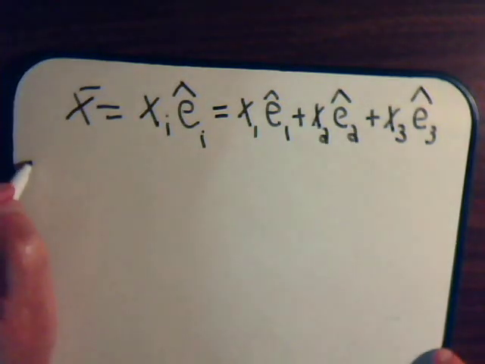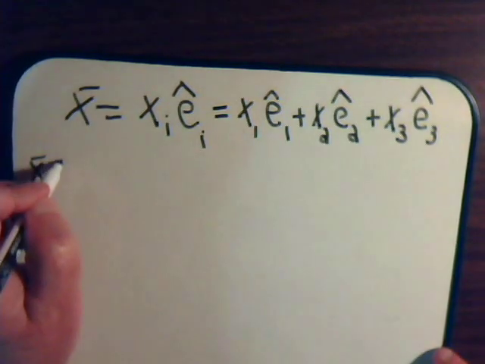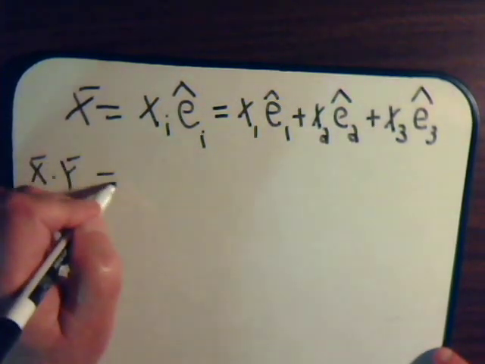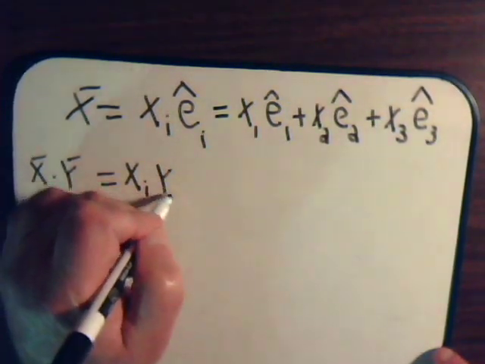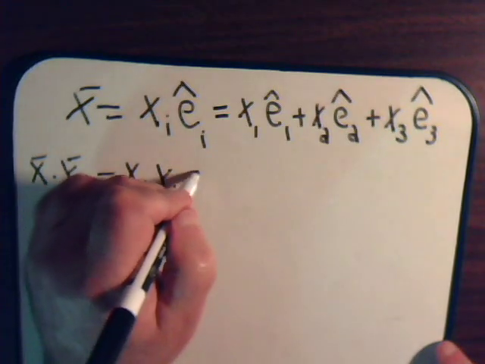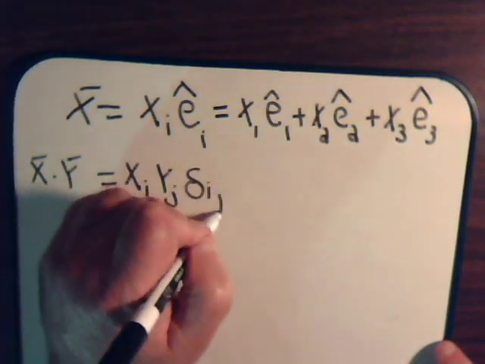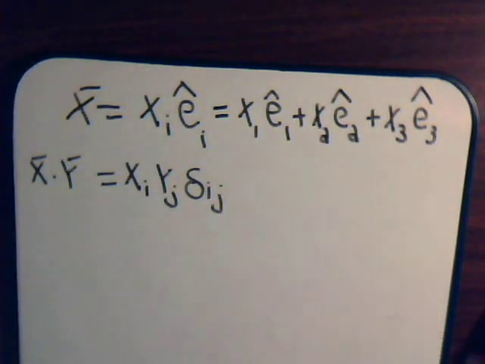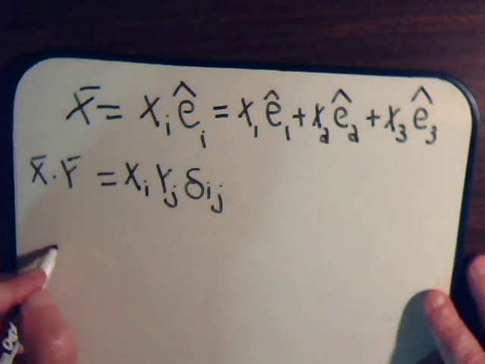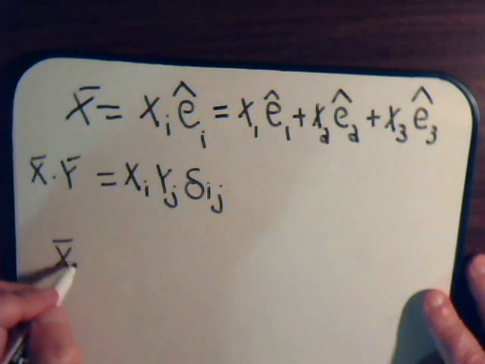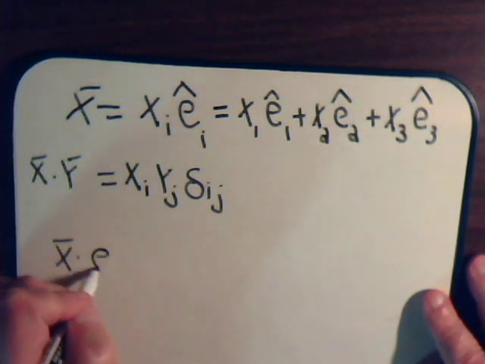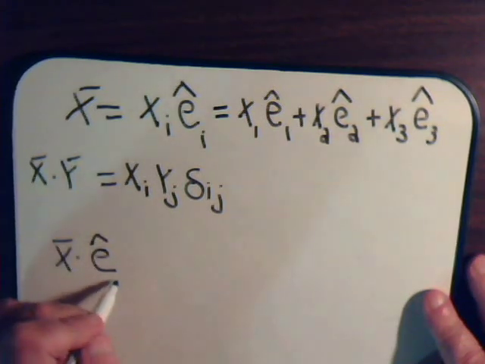And a dot product can be written like this in component form. We just established that. Now what happens if we take the dot product of our vector x with one of the unit vectors, say ei?